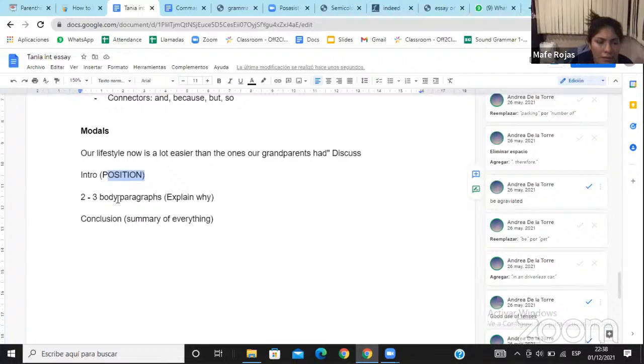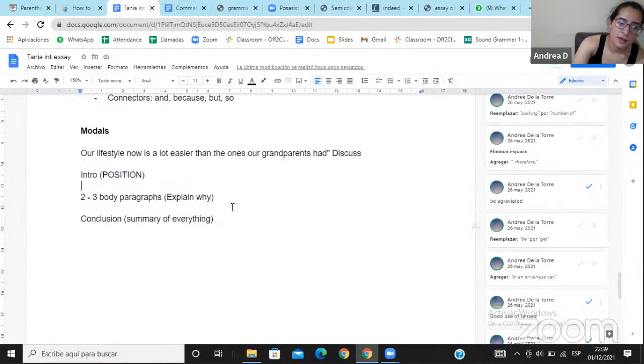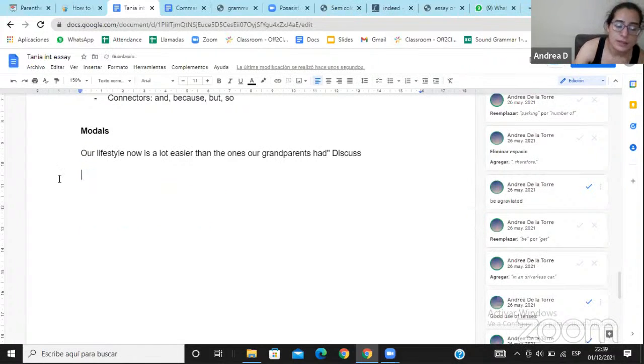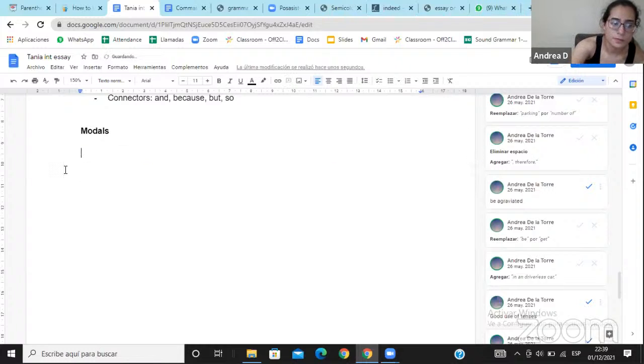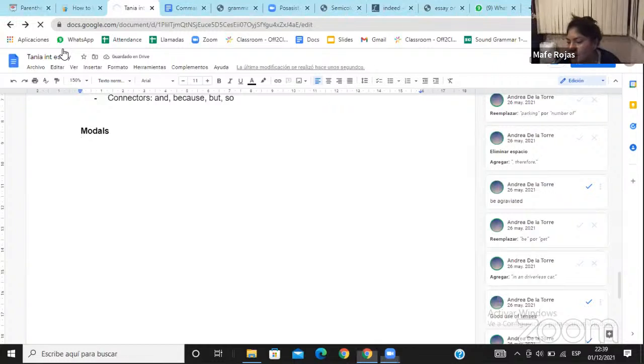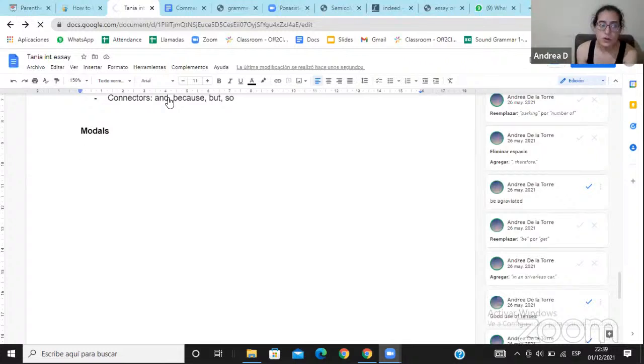So that's the structure of a very basic type of essay. But as I was saying, it's not so much about content, it'll be more about grammar. So don't worry. Yes, or the transition words. Transitions, connectors, and punctuation, what we've seen.